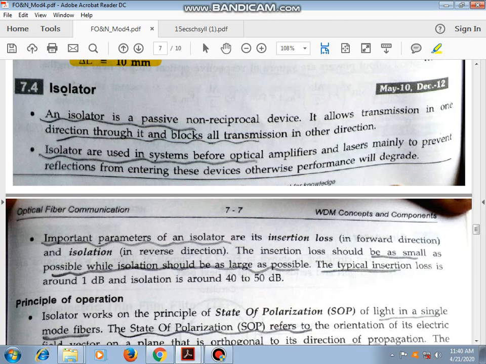An isolator is a passive non-reciprocal device. You can send the signal from the transmitter end to the receiver end, not from the receiver back to the transmitter end. It allows transmission in one direction through it and blocks all transmission in the other direction.